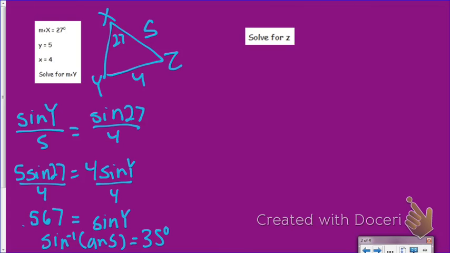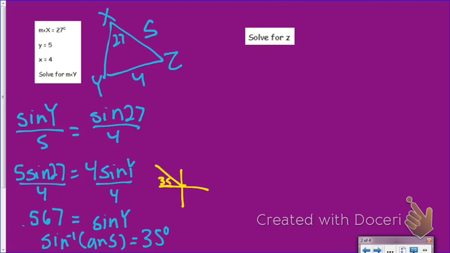The reason this occurs with the ambiguous case is that when I do an inverse in my calculator, it gives me the principal value, but there actually is a second place where that could be true. That's where our problem occurs, and that's why we couldn't use this to prove triangles were congruent. Sine gives me a positive value in the first quadrant, but sine is also positive in the second quadrant.